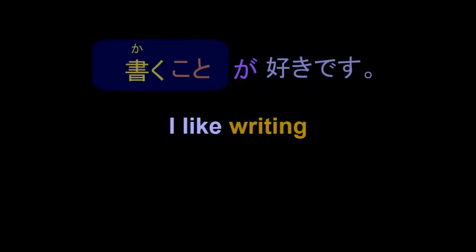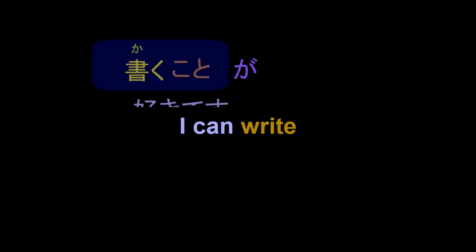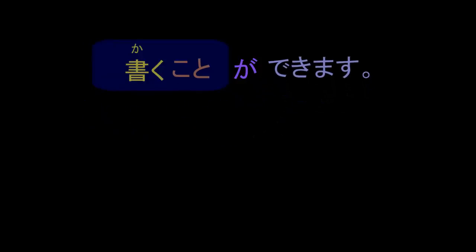We can use this same system to say, I can write. But instead of using suki desu, I like, we simply swap it for dekimasu, I can do. Kaku koto ga dekimasu.